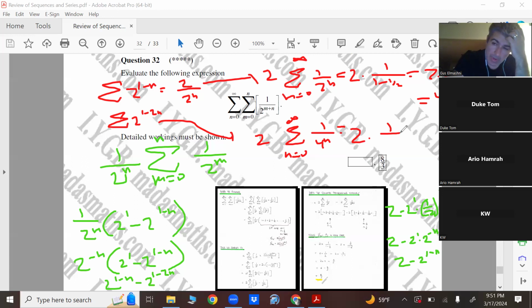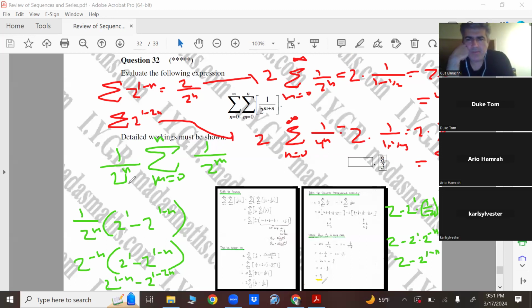You plug in 0 for n, you get 1. 1 minus a fourth. 2 times 1 over 3/4, which would be 8/3. So 4 I know is 12/3. Shoot, I'm not getting the answer now because 12/3 minus 8/3 is 4/3. And I say the answer is 8/3.